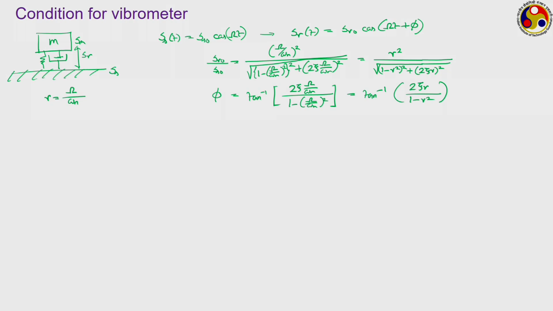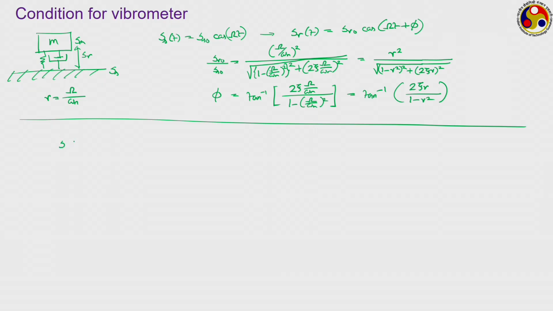Now, if we want to use this for a vibrometer, then the situation is quite simple. I just write this in terms of their components. Up to this part, this is a repetition of what we have done in the previous class. The imposed signal has a displacement of this much, because S is a direct symbol of displacement.